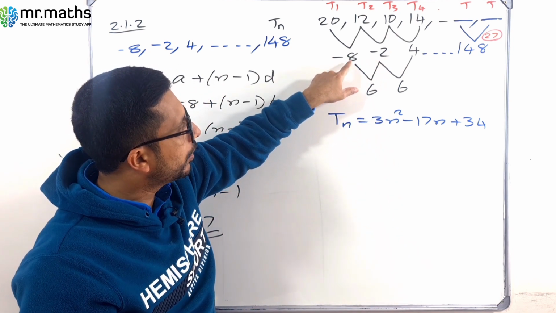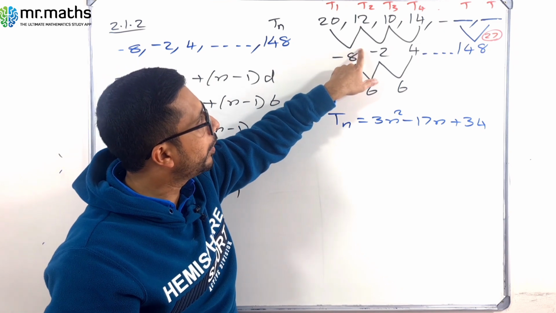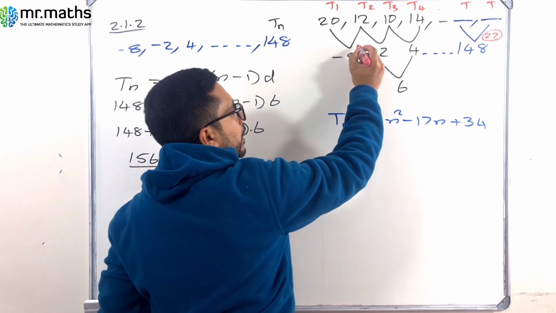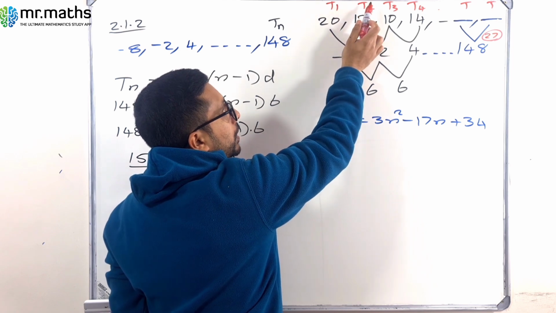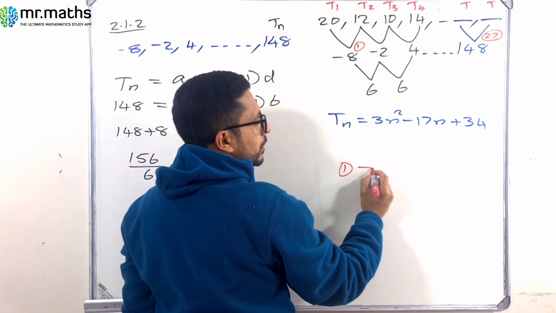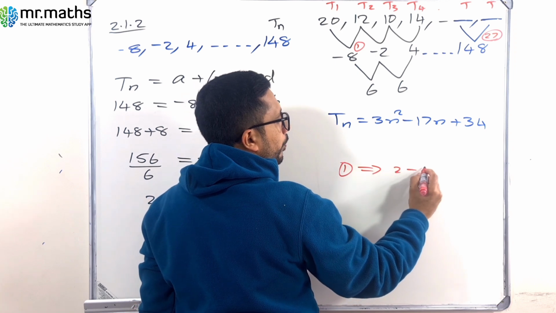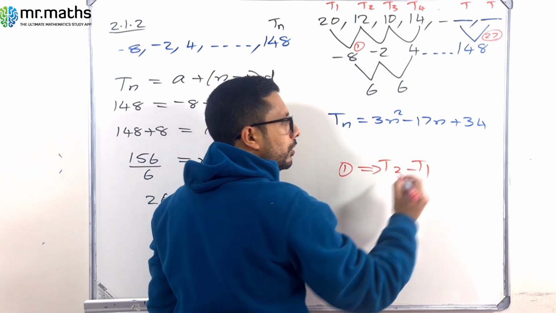Here in this arithmetic sequence, this is the first term, am I right? And that is a difference of second term minus first term. So the first term is the difference of T2 minus T1.